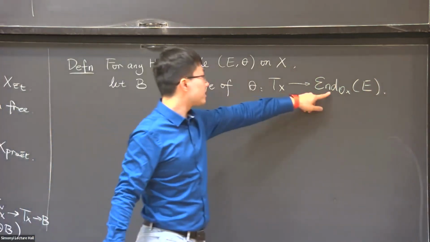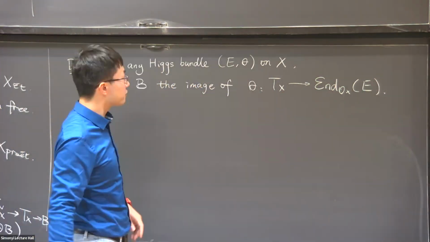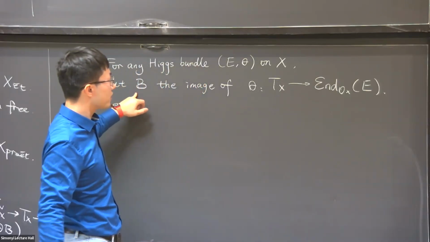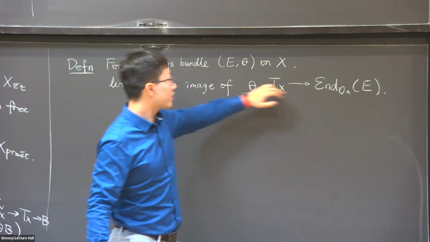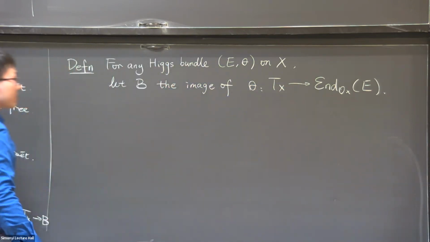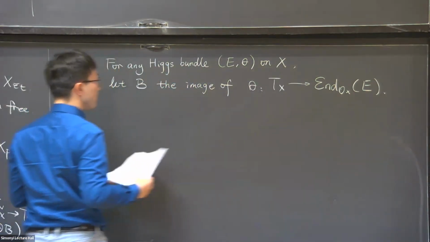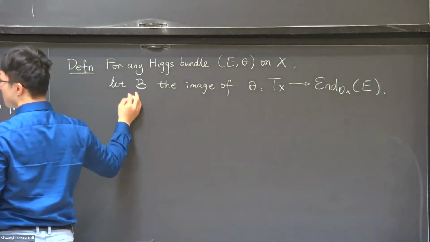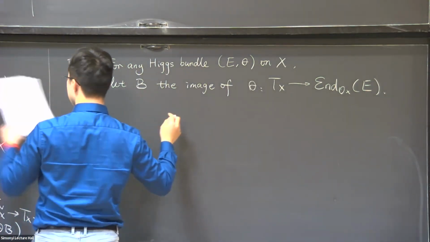Of course, this is a locally free OX algebra, so B will be OX torsion free, and also it is coherent because this one is coherent and finitely generated. So yes, such B lies in this category.